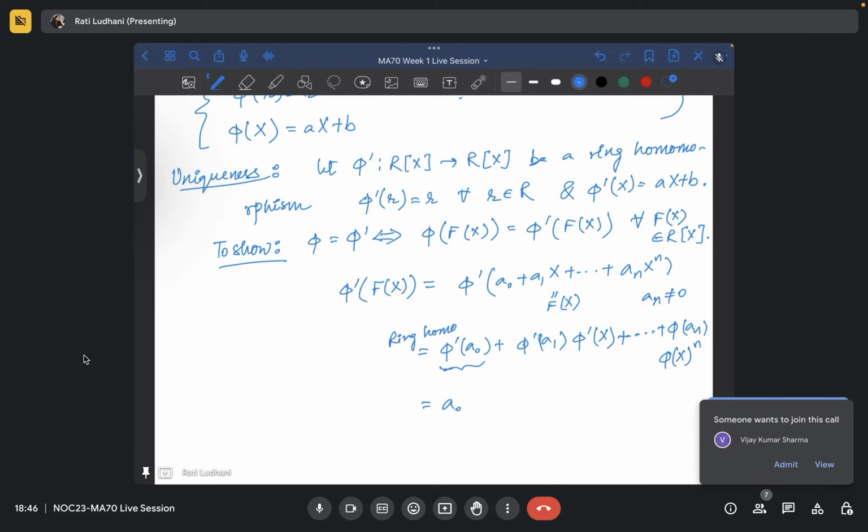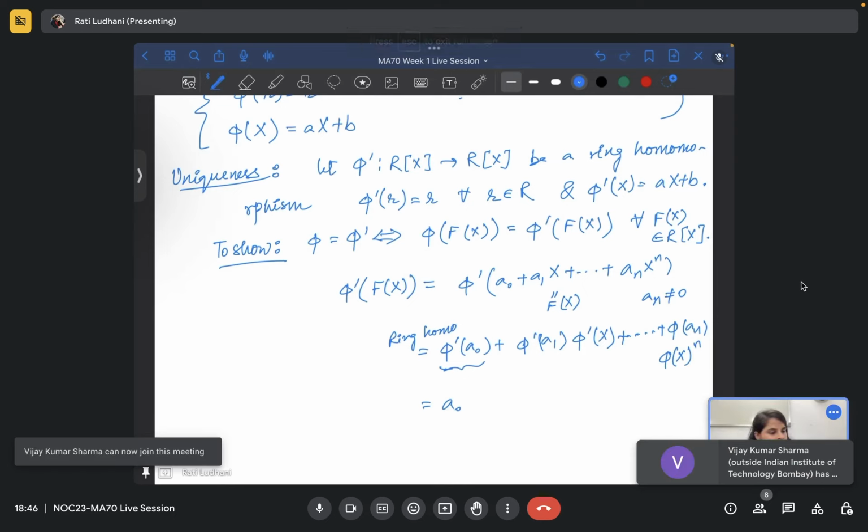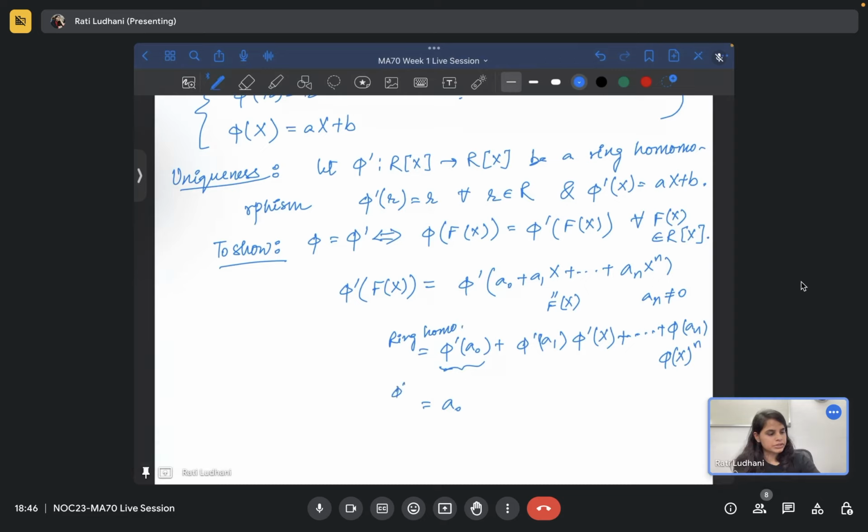Because of these two conditions, that it fixes every element of R and phi of x is equal to ax plus b, we get a0 plus a1 (ax plus b) plus up to an (ax plus b) raised to power n.